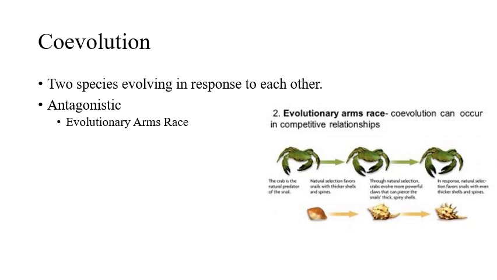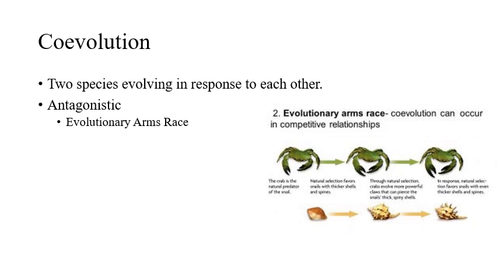So the snail develops defenses. The toughest shells are the ones that survive. So then the crabs have to get stronger pinchers to break the shells. So then the snails have to have stronger shells. Only the stronger shells survive, and so forth, back and forth, until you have heavily armored prey and predators with extremely powerful defenses.